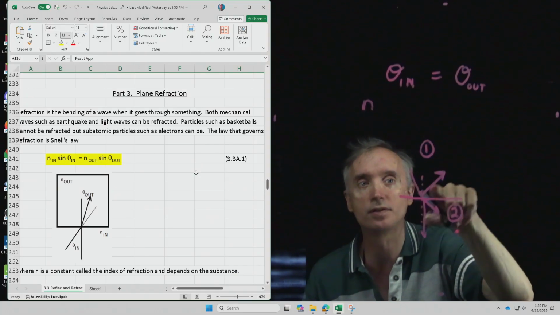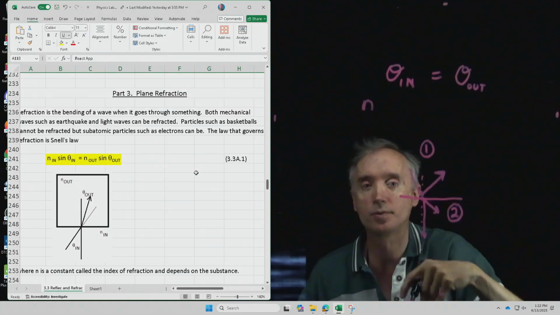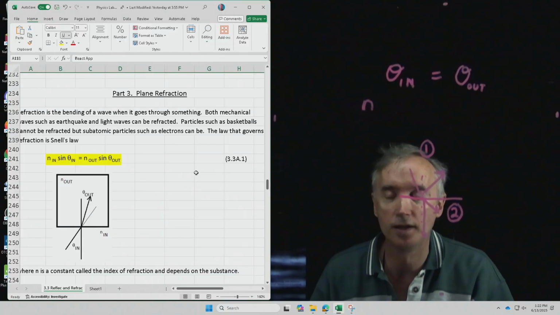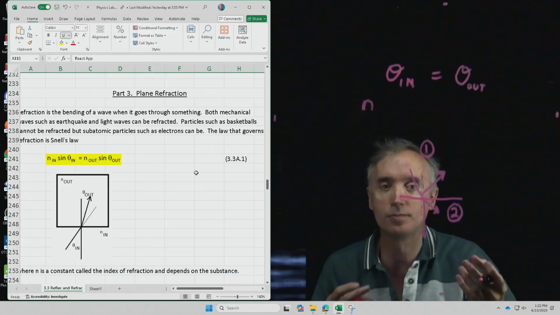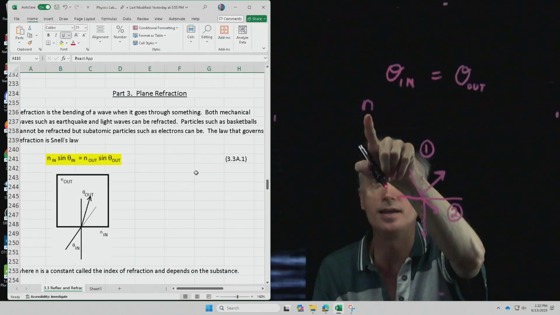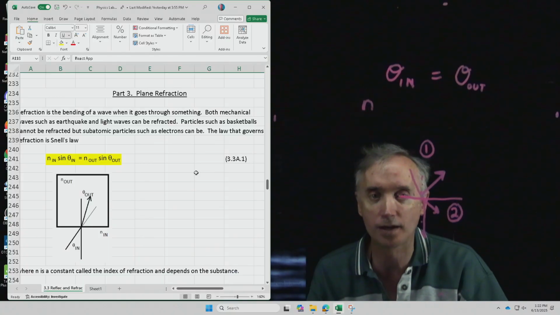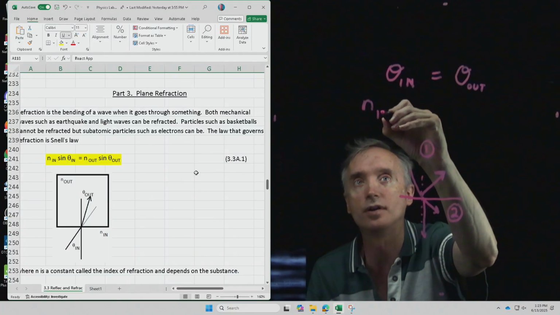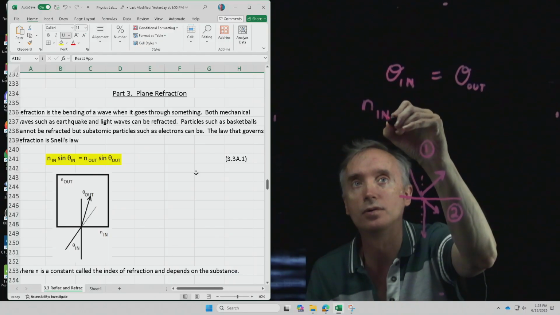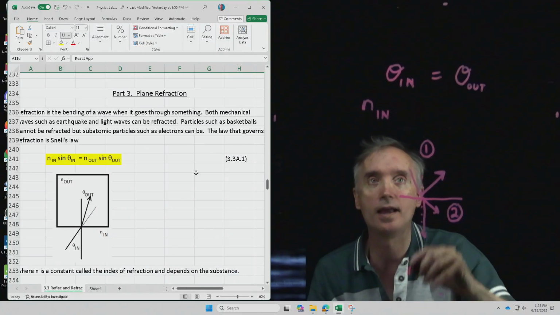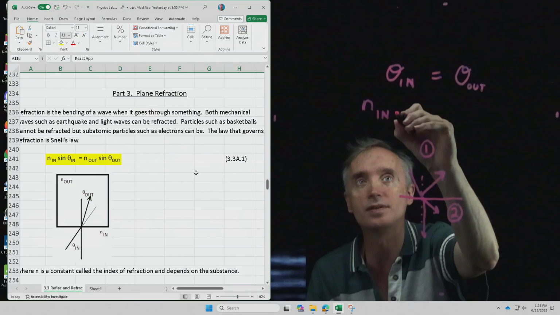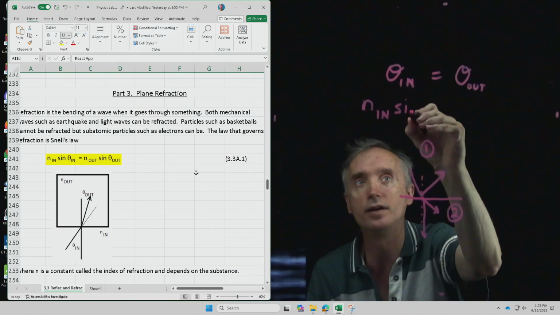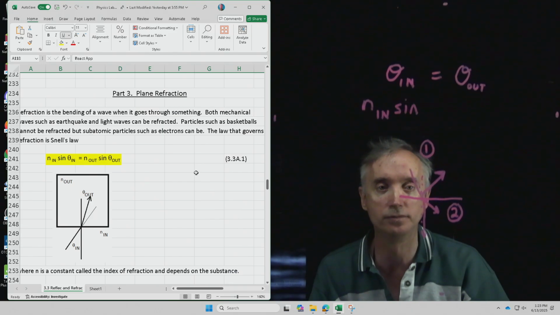This substance, whatever it is, has a particular molecular structure, and it is given by the letter N, which is called the index of refraction. So it's the index of refraction of the substance where it's coming from, and then instead of the angle, it's the sine of the angle. Now this is trigonometry.